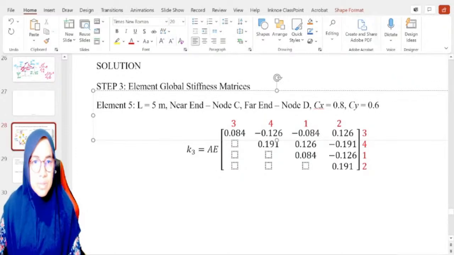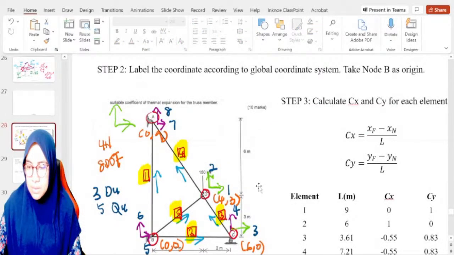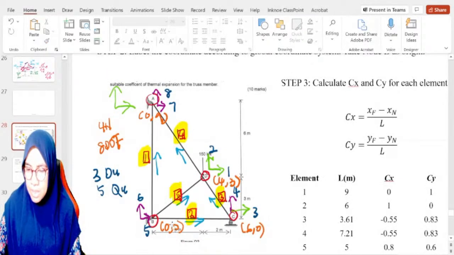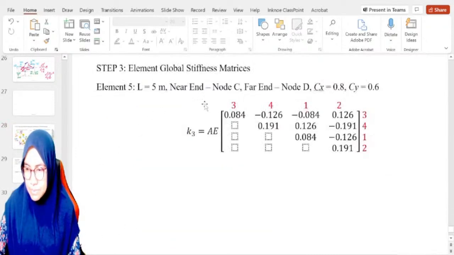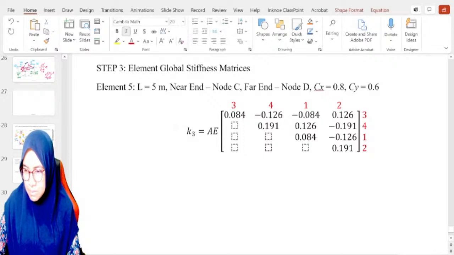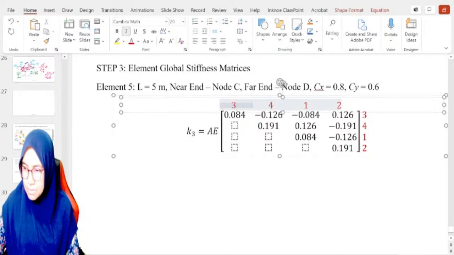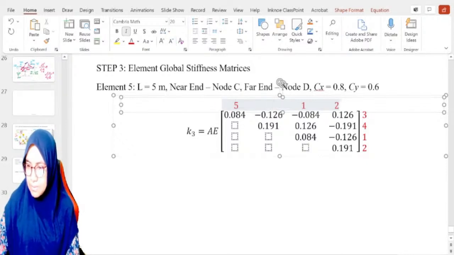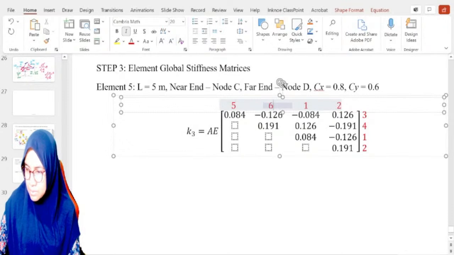Refer back to this. From B to D, the label is 5612.